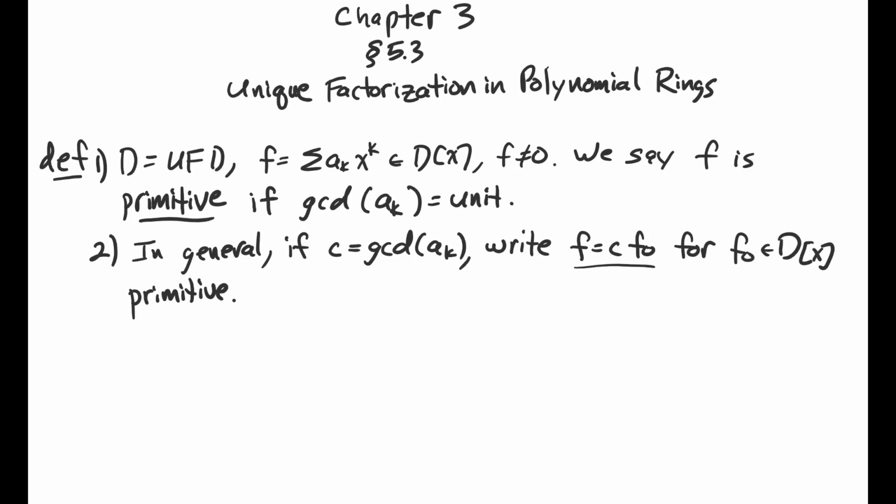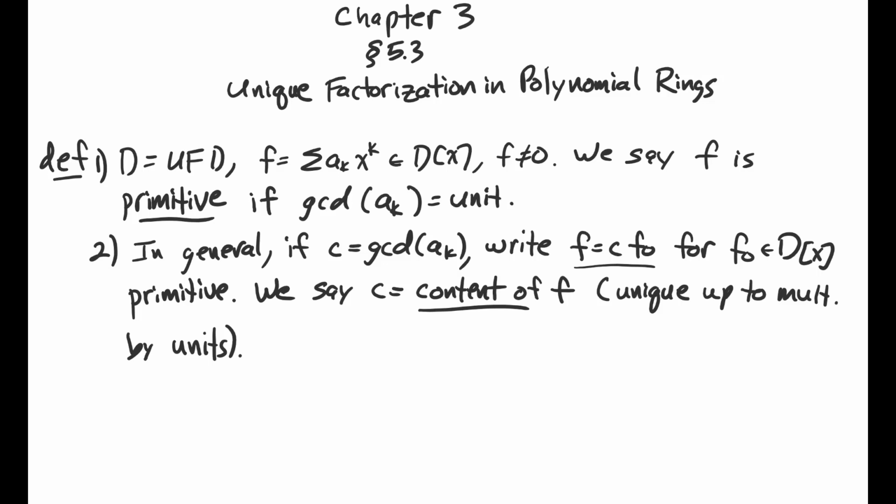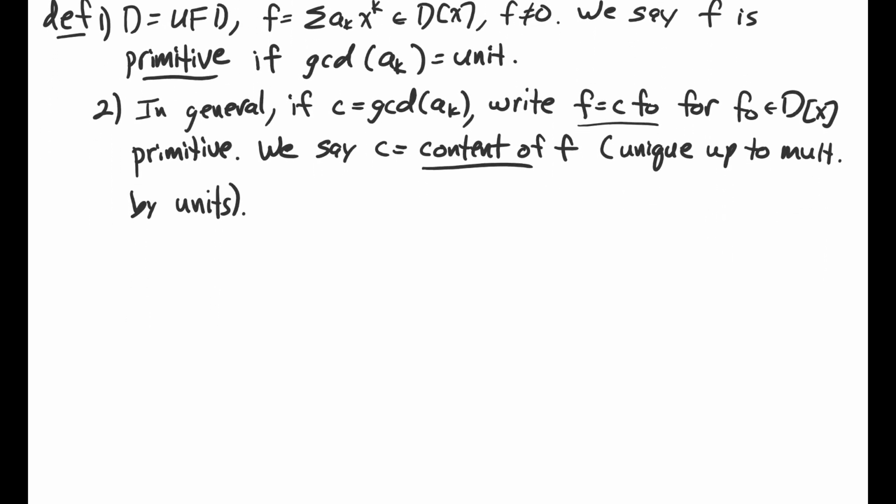And so f naught will be primitive. In any case, the definition part is that c we call the content of f, the greatest common divisor of the coefficients. And since the greatest common divisor is only determined up to multiplication by a unit, the content is likewise only unique up to multiplication by a unit.